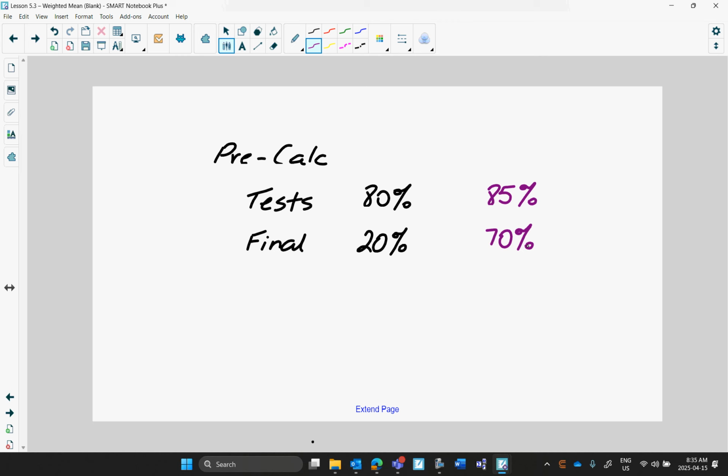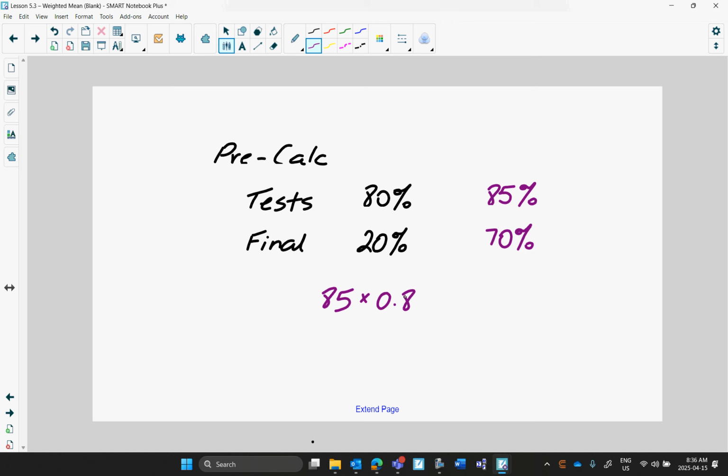Well, we do something called the weighted mean. So what we would do is we would say, okay, this 85% is worth 80% of your final mark. So we want to figure out how many marks is that. So 80% of 85 is 85 times 0.8.